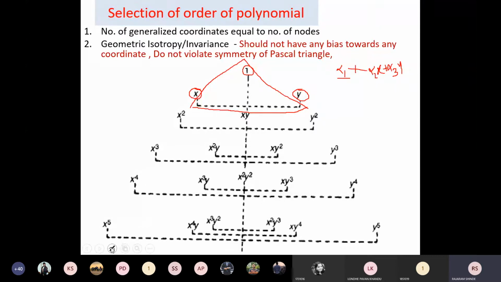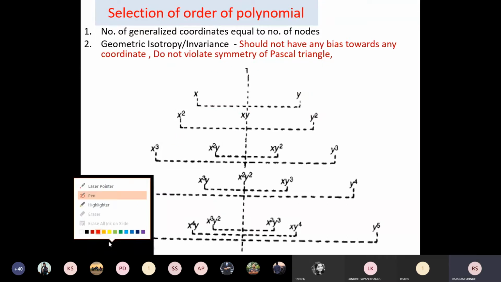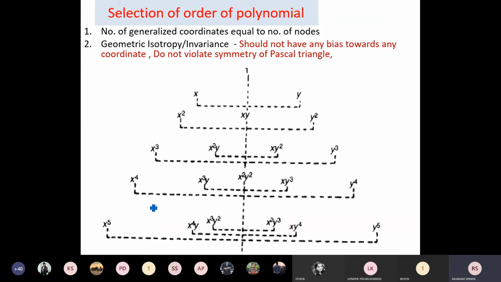Now see here, now I will go to the next element. Now next element is quadratic two-dimensional element. Now already you know the polynomial of the quadratic two-dimensional element. Now for quadratic two-dimensional element, this is the quadratic two-dimensional element.